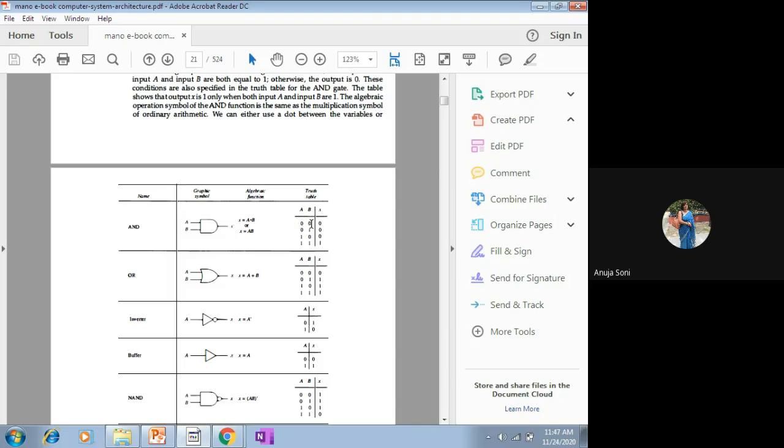But if at least one is false, the result will be false. So in the first case, both are 0, 0, the result will be 0. In the last, both are 1, 1, both are true, the result will be true. In between, one is false, 0, 1, or 1, 0, so the result will be false. So this is the truth table.